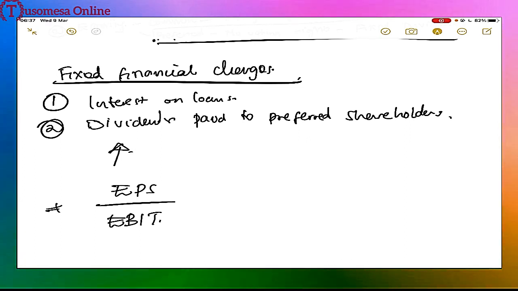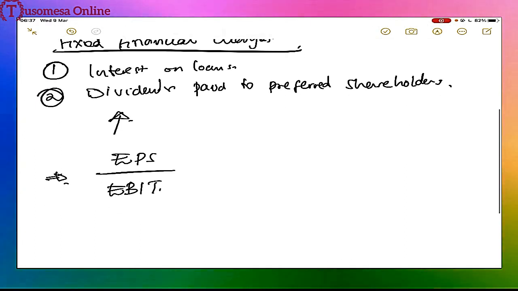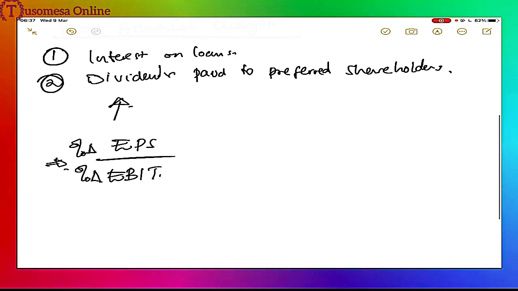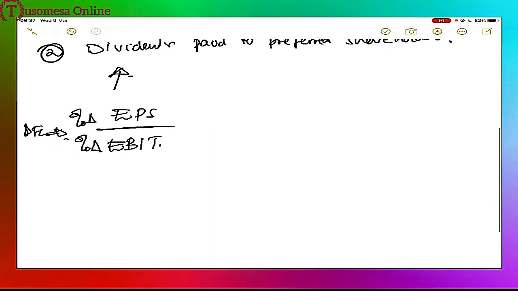And therefore there is the formula for the percentage change in earning per share brought about by a percentage change in the operating profit. That would be the formula for the degree of financial leverage. But before we can look at that, I want us to get all the formulas we can for this.